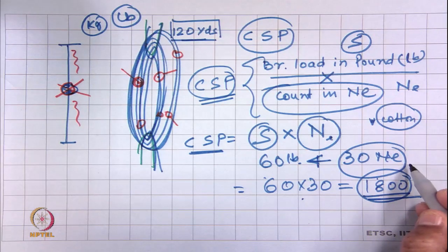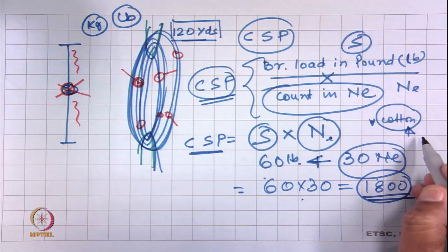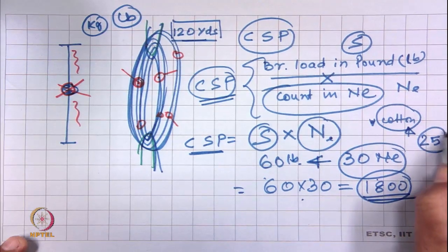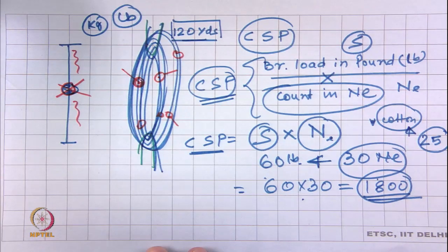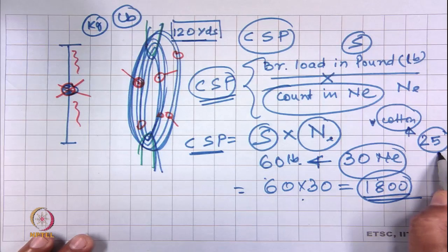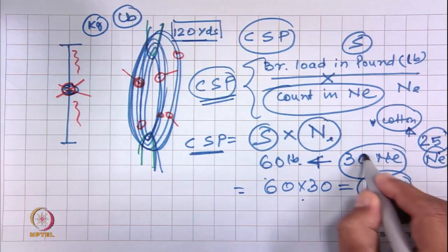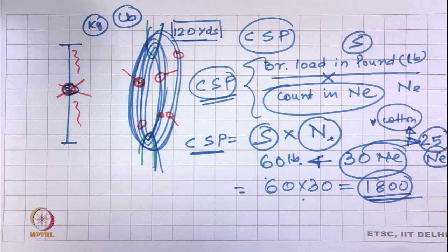Now, from the same variety of cotton and the same set of machines, I am producing say 25 count yarn. If I produce 25 count yarn, what will happen? Is 25 count coarser or finer? It is a coarser count, coarser than 30s count.